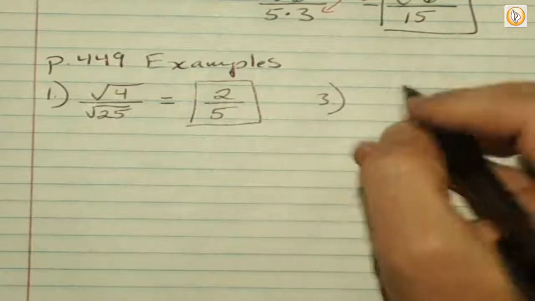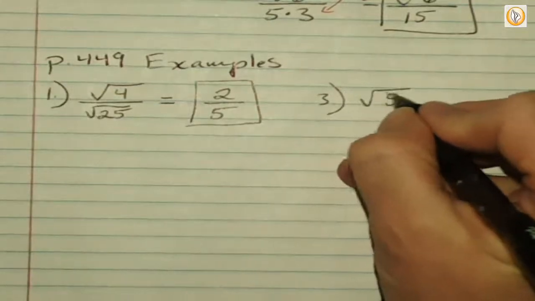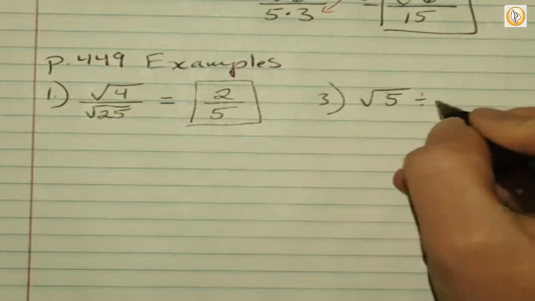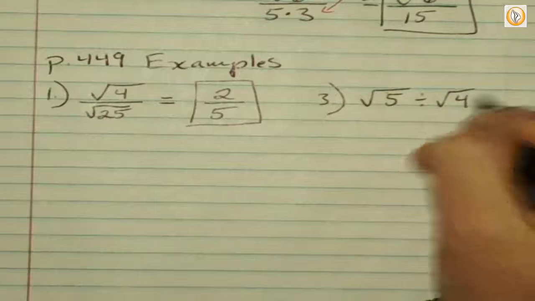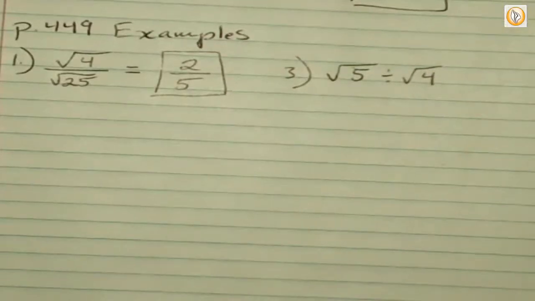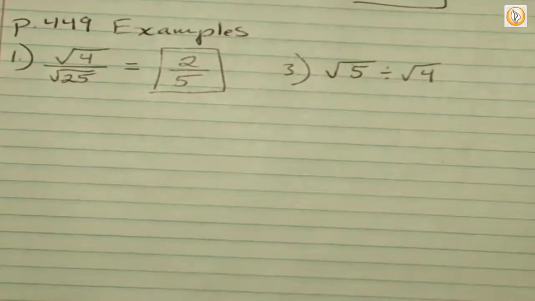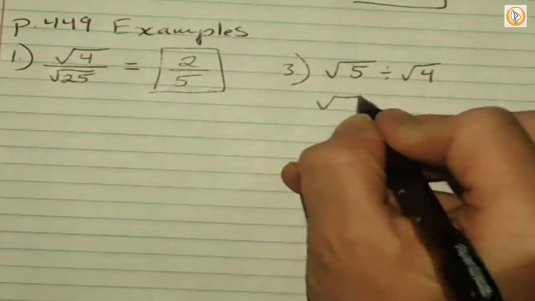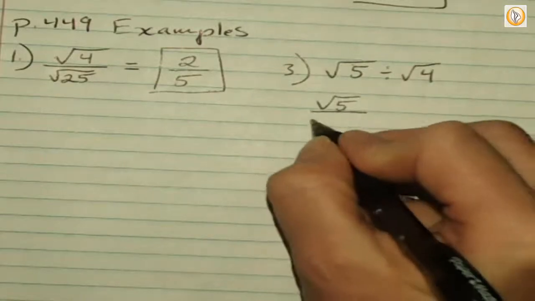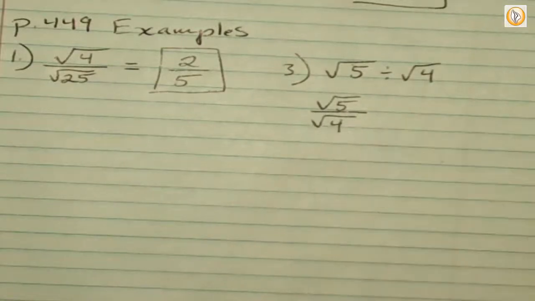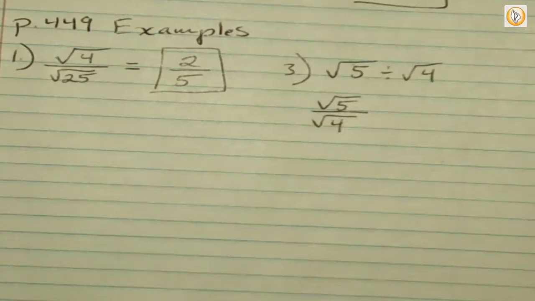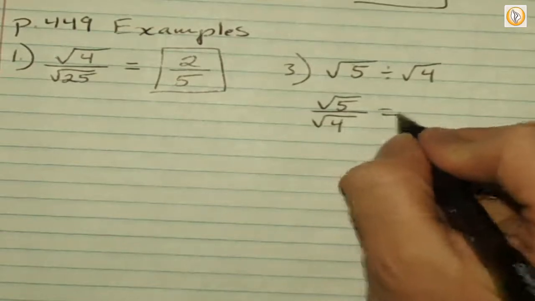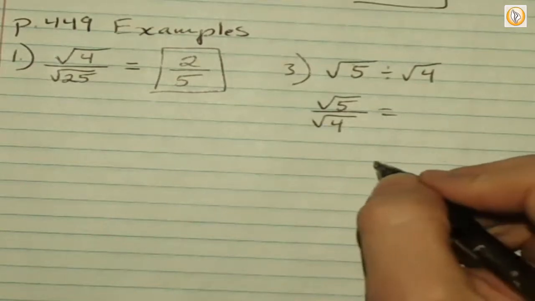3. Square root of 5 divided by square root of 4. Valeria, talk me through it. What do I do? Okay, so I'm going to set it up as a fraction, and I've got the square root of 4 underneath the square root of 5.